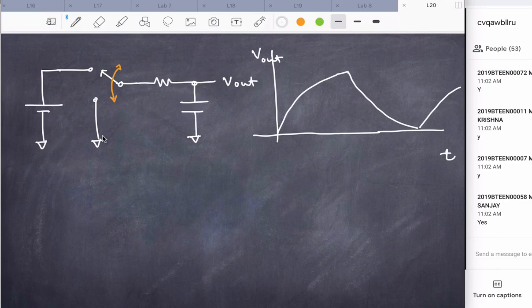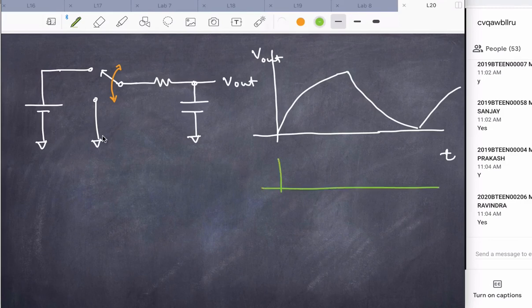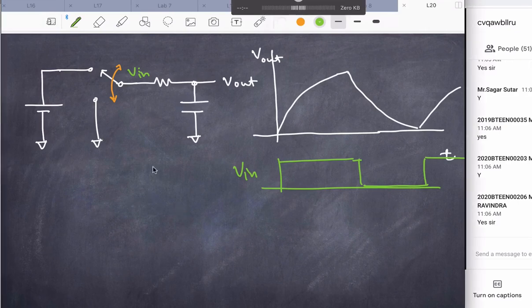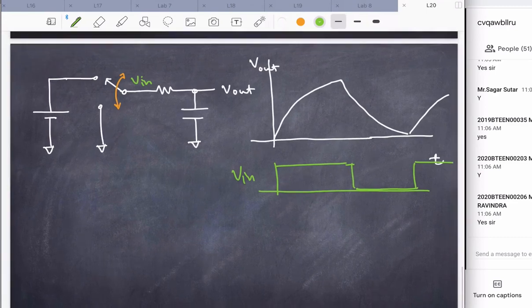Yes or no? If I want to draw the input, it can be drawn like this. This is V input. Everybody understood this? The idea behind this is the integrator.